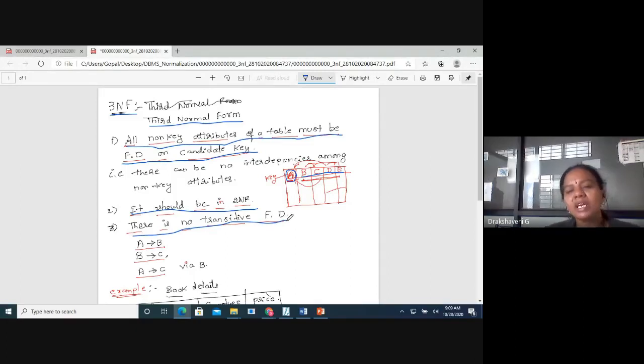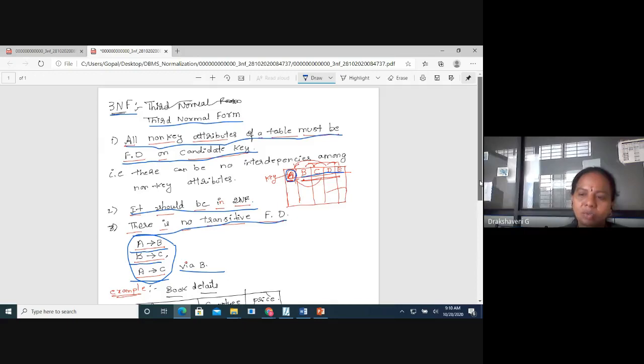There should not be any transitive functional dependency in the table. What do we mean by transitive dependency? A determines B, B determines C, then in turn A determines C via B. This we call a transitive functional dependency.